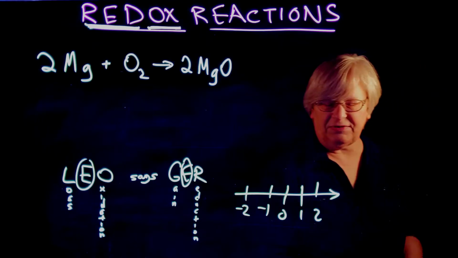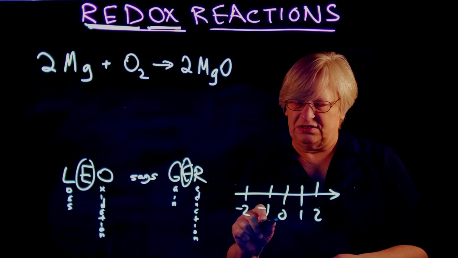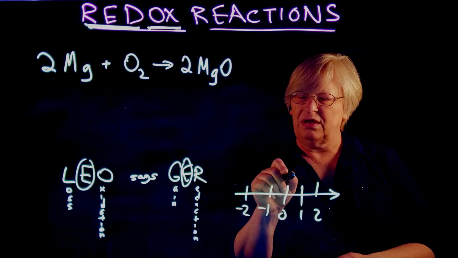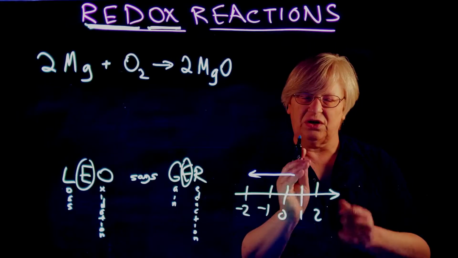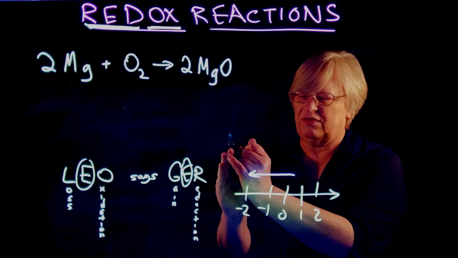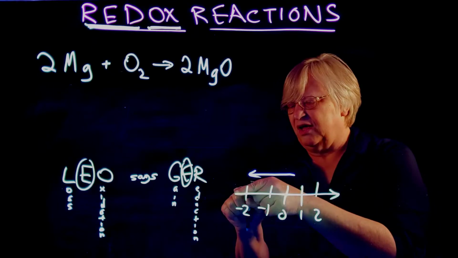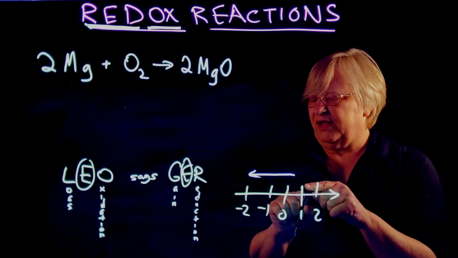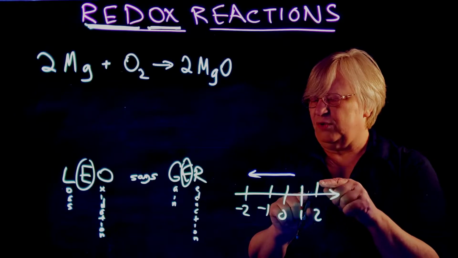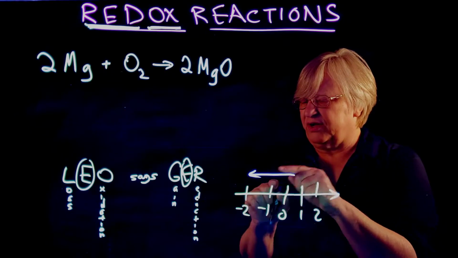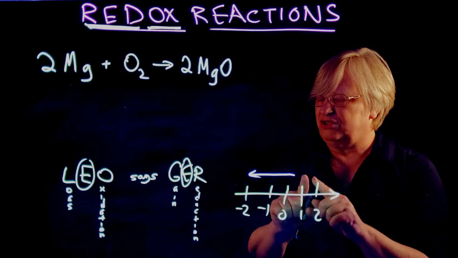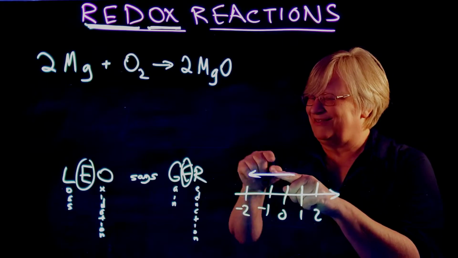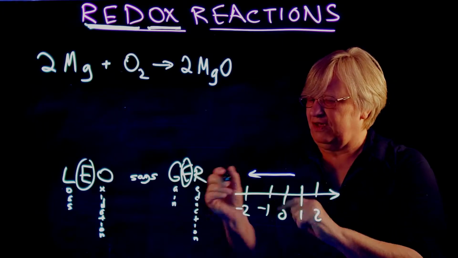So let's grab a different color marker and look at this. If we start anywhere over here and move in that direction, we're moving in the negative direction. Now, if electrons are negative and we gain more electrons, the charge on the atom should be getting more negative because it's getting more of those negative things.